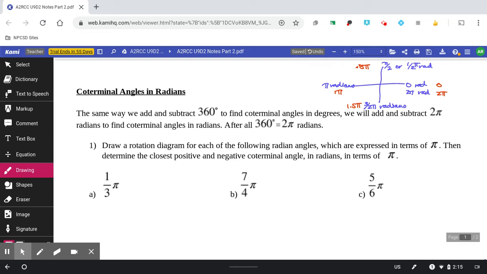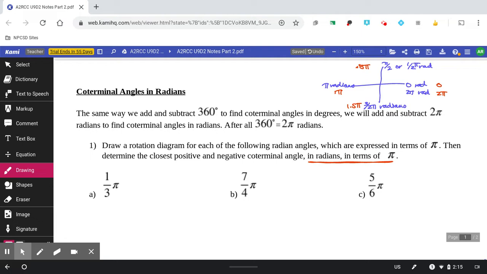Now, the reason that we can't convert to degrees first, we actually could, but then we would have to convert them back, because if you look at the directions, it says to find the angle in radians. If we convert to degrees, we'd be able to find out what quadrant it's in. But if we're looking for a coterminal angle in radians, we're going to have to then convert those coterminal angles in degrees back into radians.